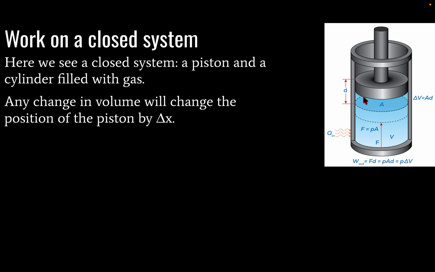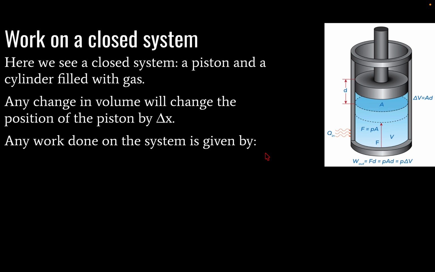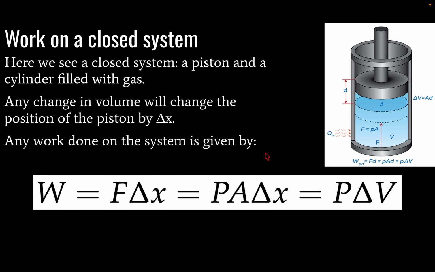So if we change this volume, this will change the position of the piston by delta x. It's shown here as a D, but we can use our imagination. Any work done on the system then will be given by work is equal to force times a change in displacement of the piston.